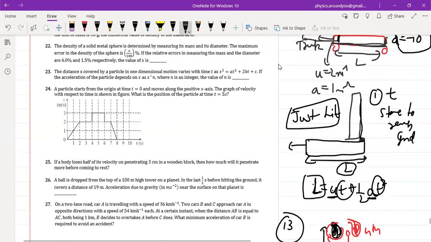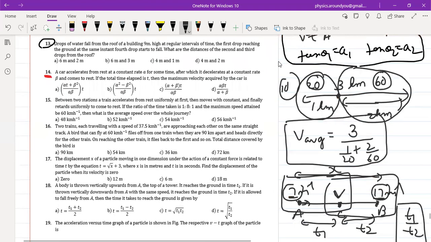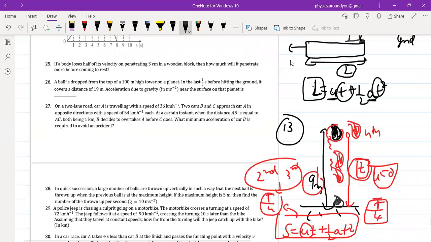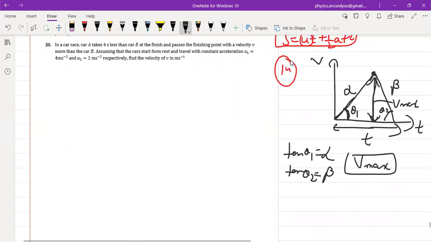Again, is there any further clue which can be given? No, there's no further entity, there's no further thing. The data is this much. So it accelerates at alpha, decelerates at beta. I need to find the height of the triangle. How can I find the height of the triangle? Let us take this triangle number one. Vmax by, let us say, the small time, this is T1.